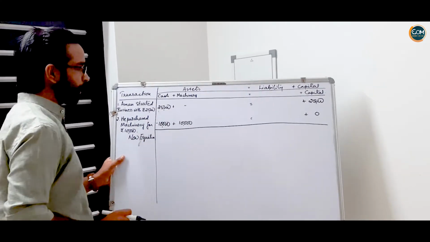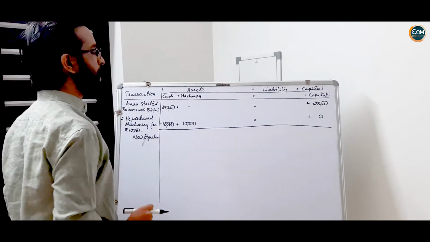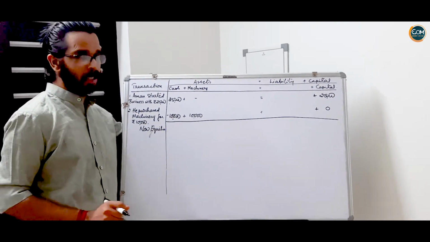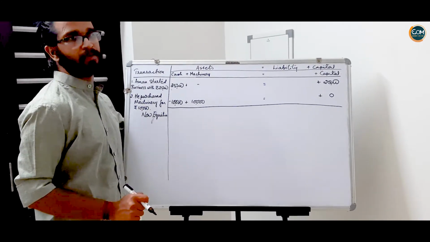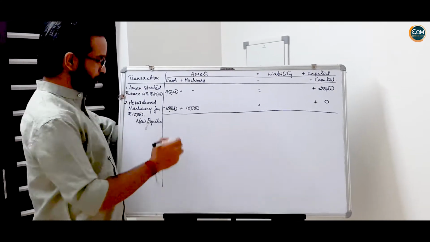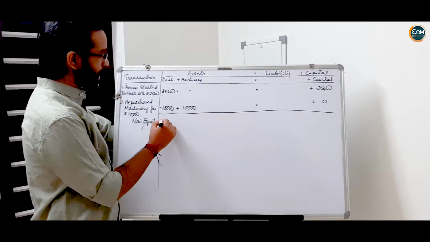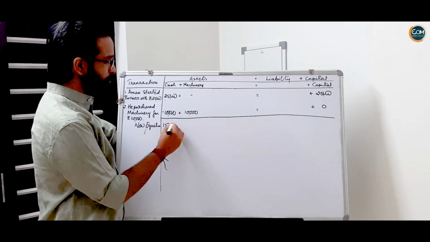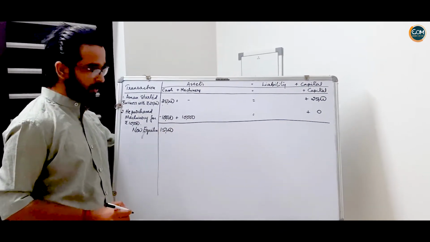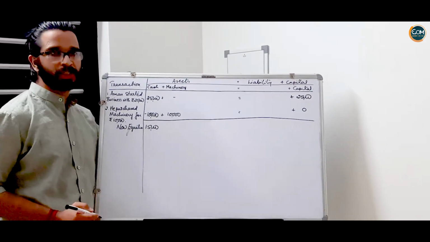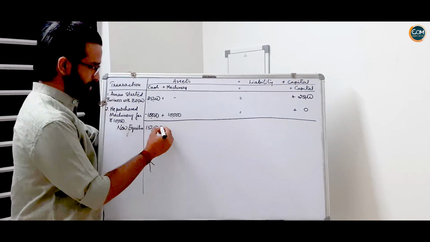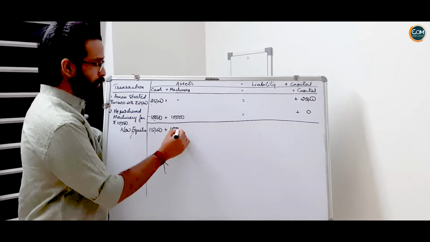₹25,000 was the cash with the business when Aman started the business. When he purchases machinery, the cash is reduced by 10,000. Therefore, the new balance in cash will be 15,000. However, on the asset side, a new item called machinery comes into existence of ₹10,000.